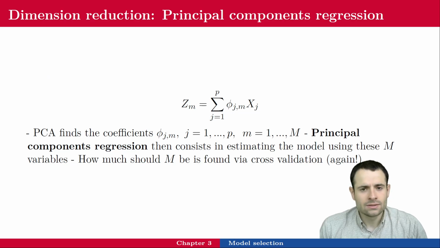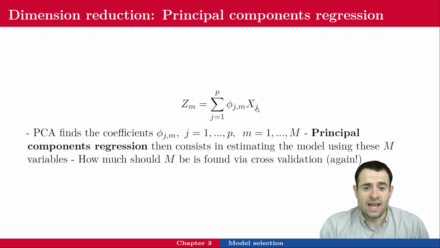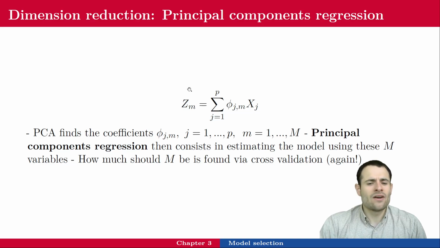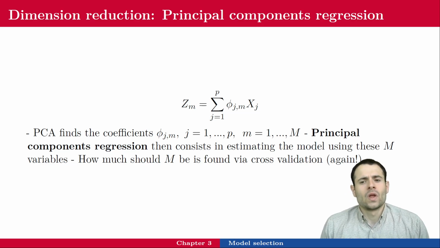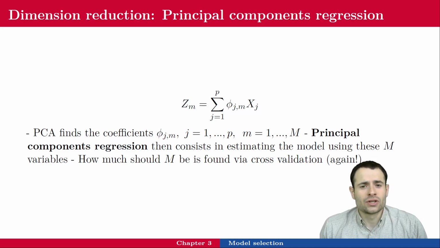Note that these z's, being combinations of different variables like age, number of kids, income, social status, and so on, don't really have any interpretation. They don't really have a meaning. So if you want to regress y on your z's instead of your x's, the quality of the prediction is going to be better, but you won't have any interpretation.